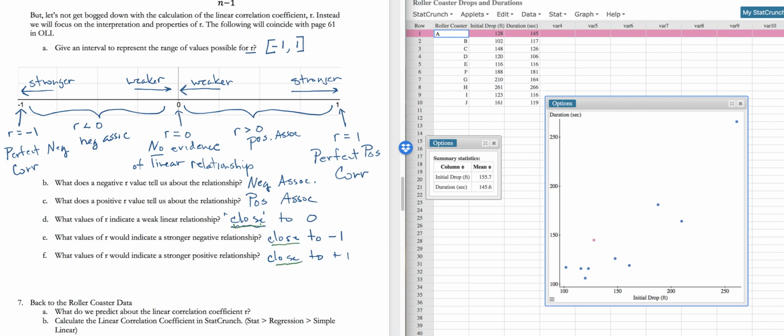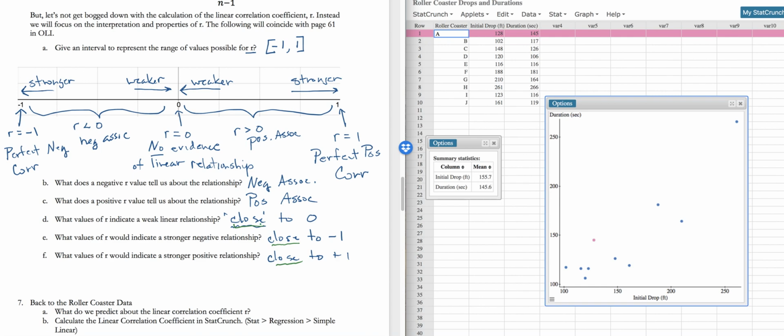How close is close? There are additional data analysis methods that you can use to quantify these things a little bit more, but we're not going to do that here in this intro to statistics class. So we're going to leave it with these two subjective things.